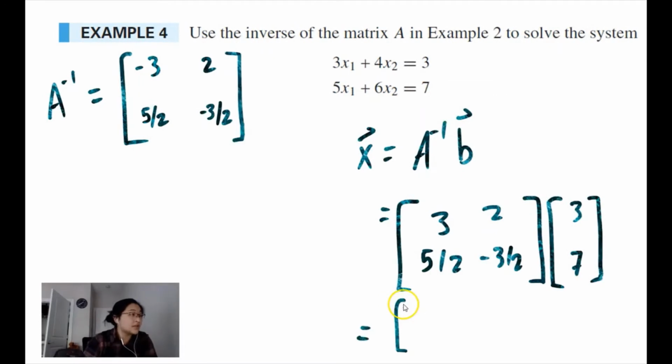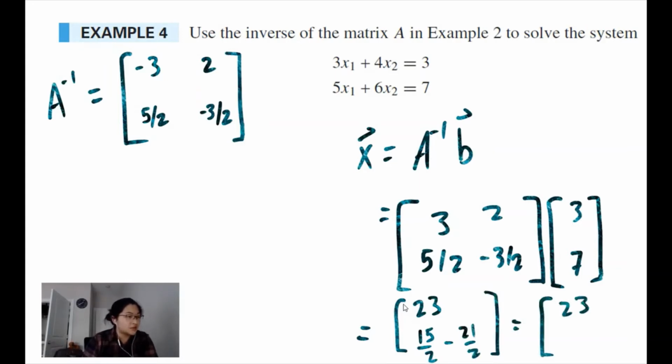We get 3 times 3 is 9, plus 14 is 23, and then 3 times 5 halves is 15 halves, minus 21 halves, and so we end up with, what, 23, 6 halves, which is 3.